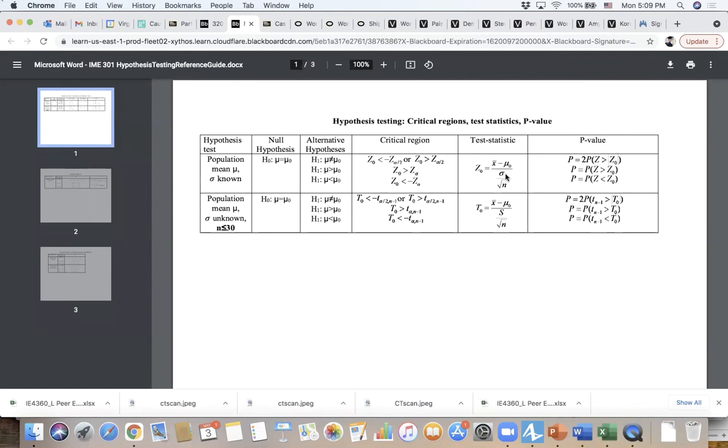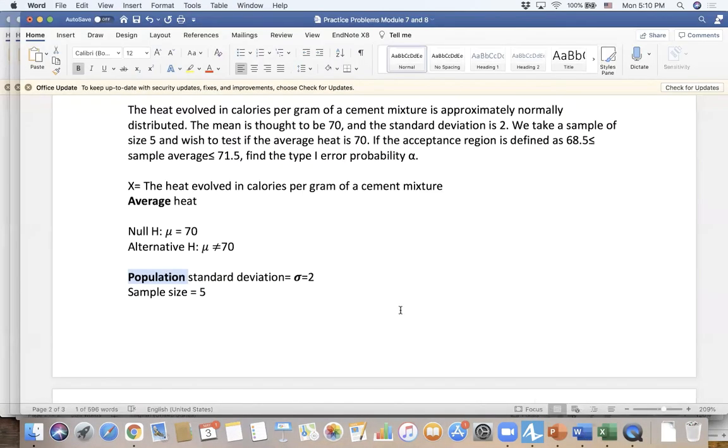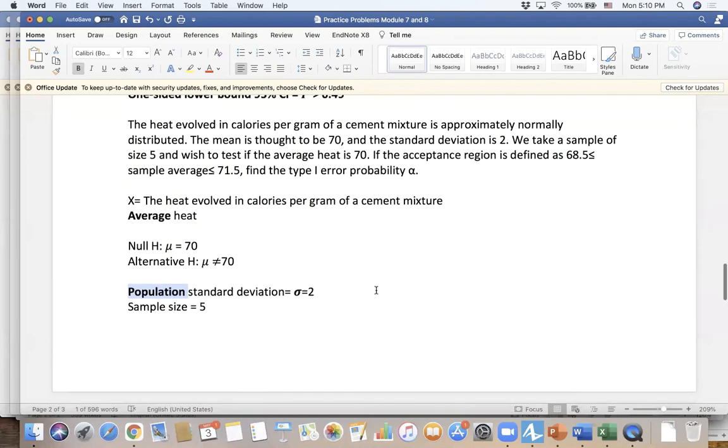Also, this question is asking for alpha, but these formulas don't give us alpha. For alpha, you have to do the calculations using the definition of alpha. Remember, alpha, or type 1 error, is the probability of rejecting H null given that H null is correct. So just write down that definition.